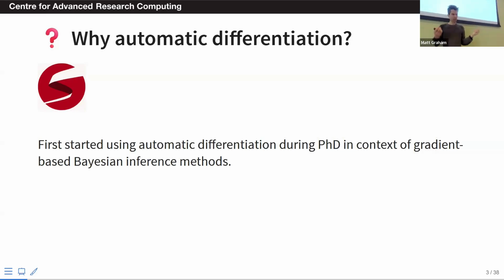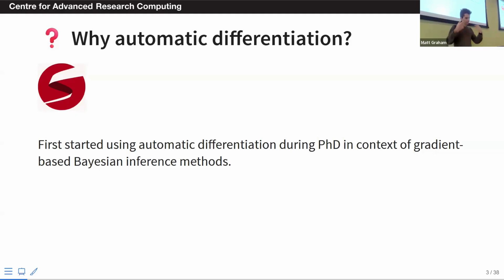I racked my brains about this, but I think probably my first exposure to automatic differentiation, at least in terms of actually using tools, was via this probabilistic programming framework Stan that some of you may be aware of. So Stan provides a domain-specific language for defining probabilistic models.